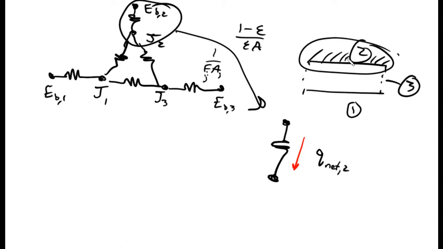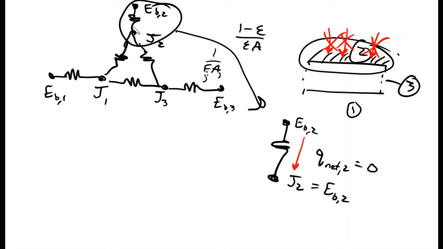But surface 2 is insulated. There is no way that you can get heat through that surface. Because it's insulated, Q net 2 is 0. Because Q net 2 is 0, this EB2 and J2 are equivalent.